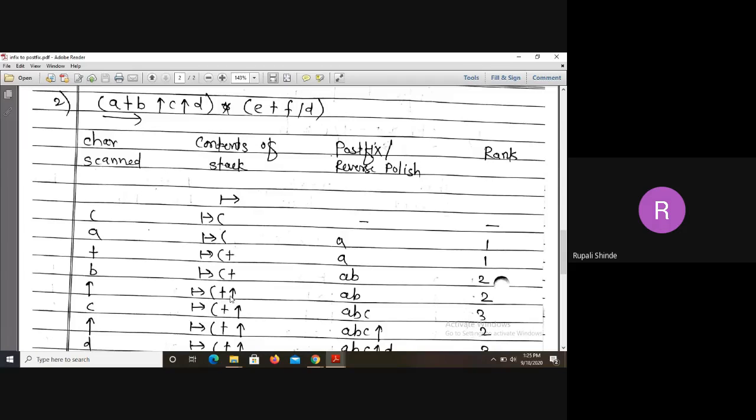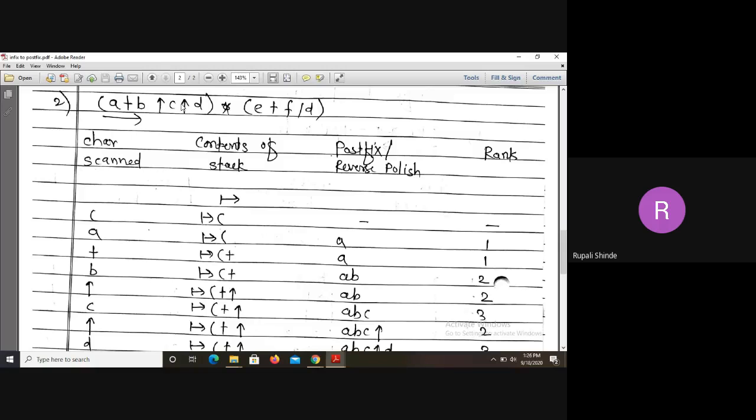That's why I have written plus and exponential. Rank and postfix remain the same. Next character is C. Again this is an operand, so I can write it directly into postfix form as A, B, C, and the rank for this one is 3. Again the contents of the stack remain the same.